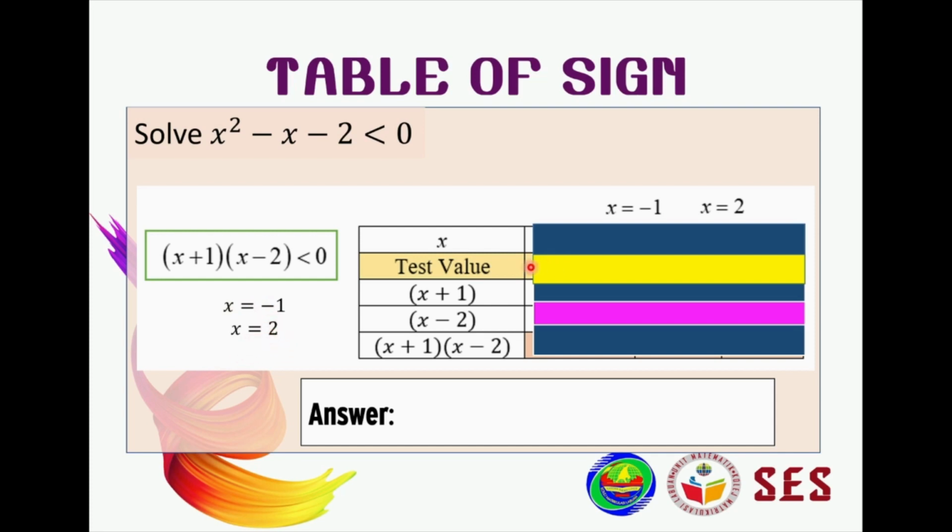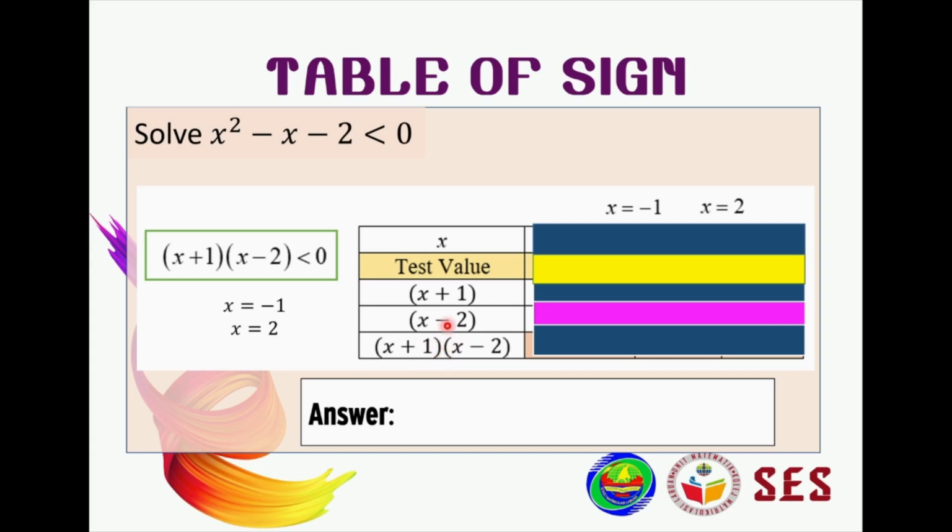Now in the table, in the first column, you need to list down all the factorized terms. So we have x plus 1, and we have x minus 2. And because these two factors multiply each other, in the final product here we need to multiply them as well.